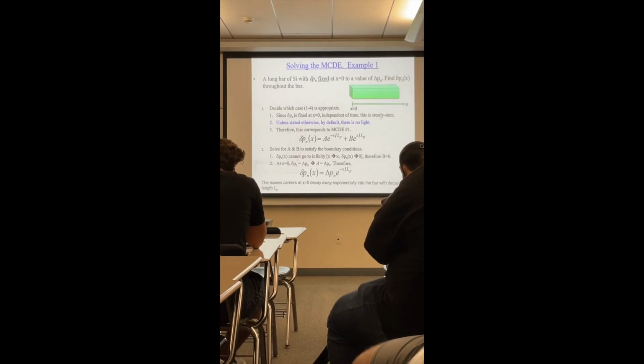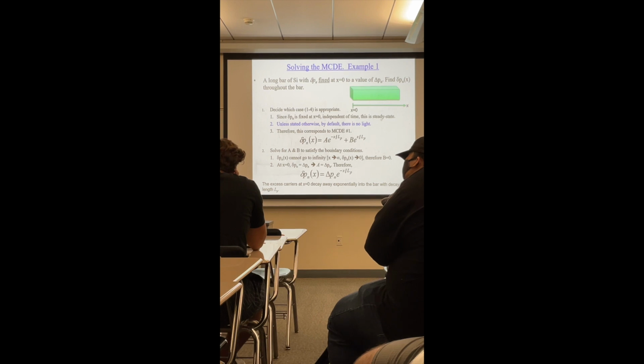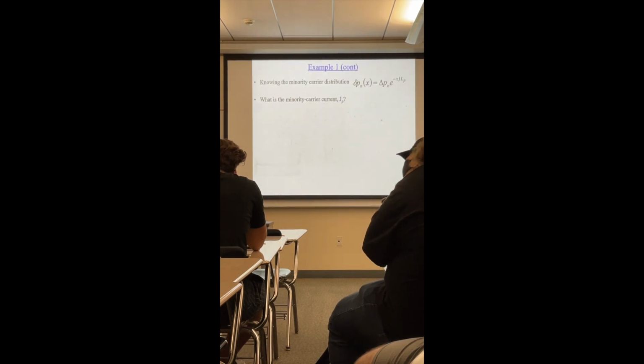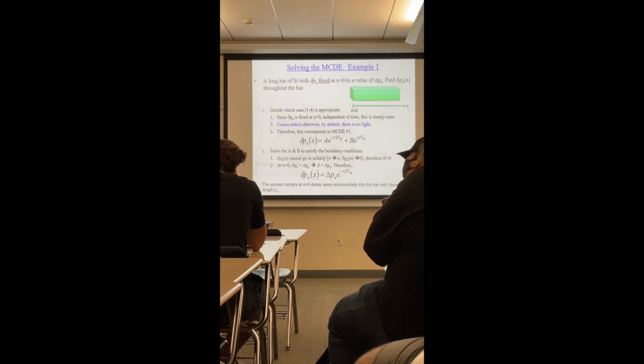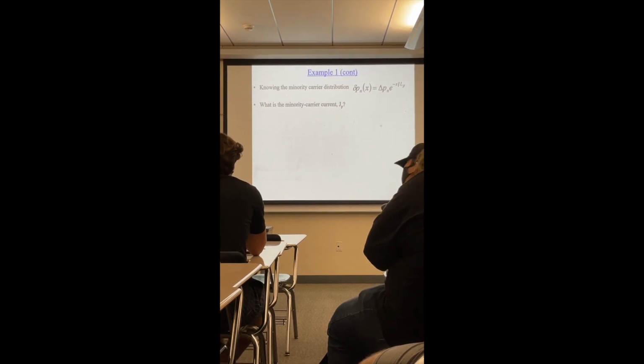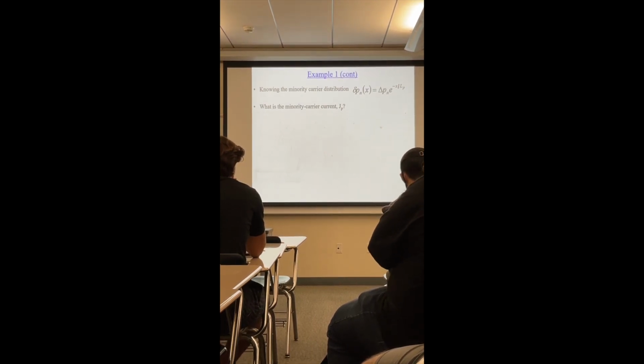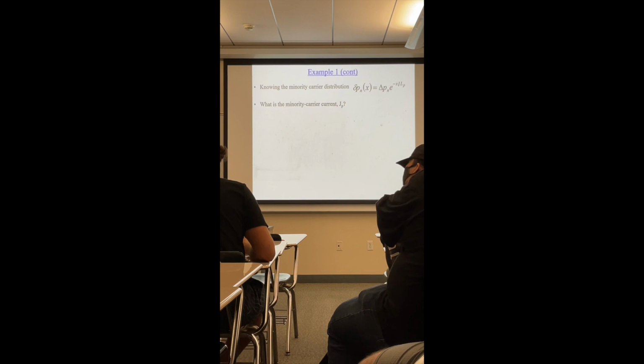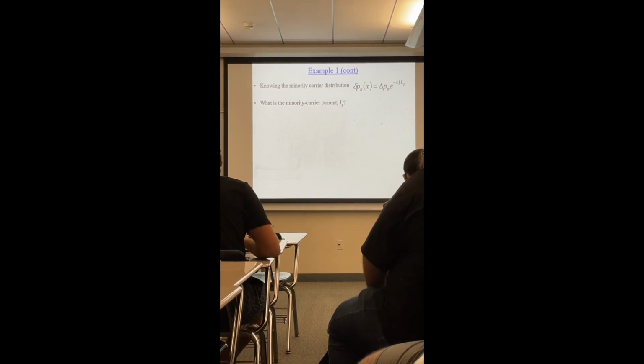All right, so this is the first example. Also, if we know how the excess carriers change with position, then we can also determine the minority carrier current. So what's the expression for current?